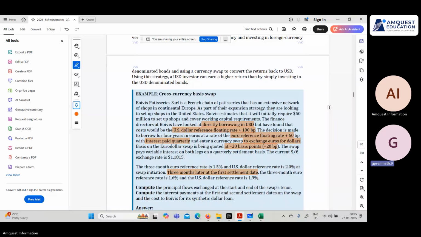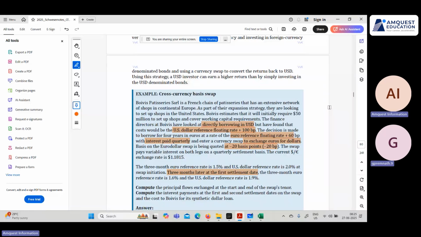Then he receives, basically. Hold on. Let's also talk about how much he pays to the swap, right? Or maybe let's just talk about receipt. Whatever you want. No, we'll talk about payment. So he pays the USD rate to the swap dealer, which is 1.9% times 50 million divided by 4.